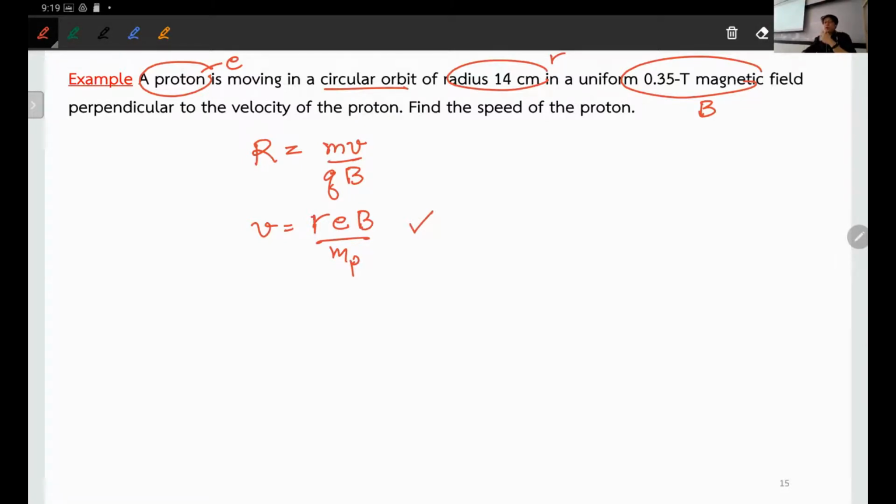Of course, in the final paper, you should calculate the number and not leave it here, but that is just punching the calculator, which should be very easily done. So this is a direct application of that formula, r equals mv over qB.